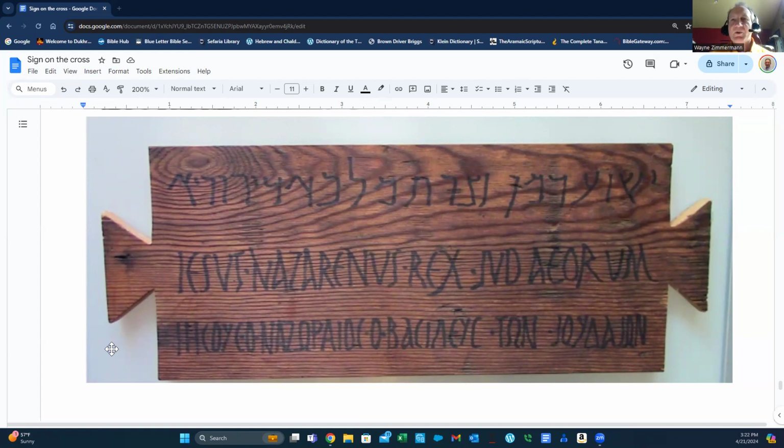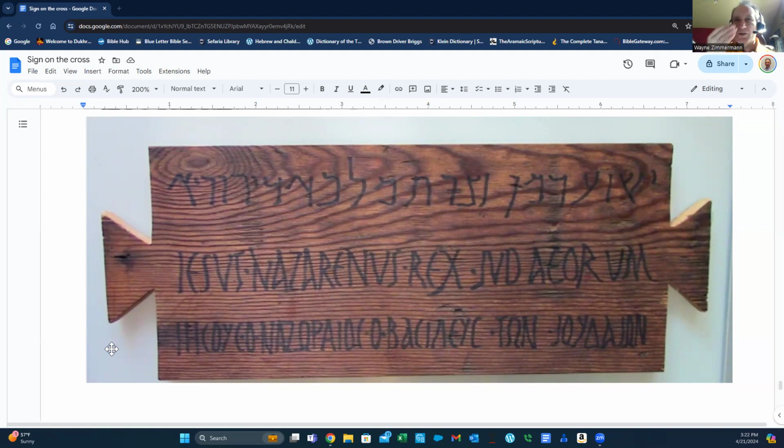And the sign was also very close to the ground, so that this was meant to be an object lesson. It was meant to be a deterrent, that anybody who messed with Rome suffered this penalty. And here were the charges of why these people were on these crosses, and to not let yourself go down that pathway, basically to be a deterrent.